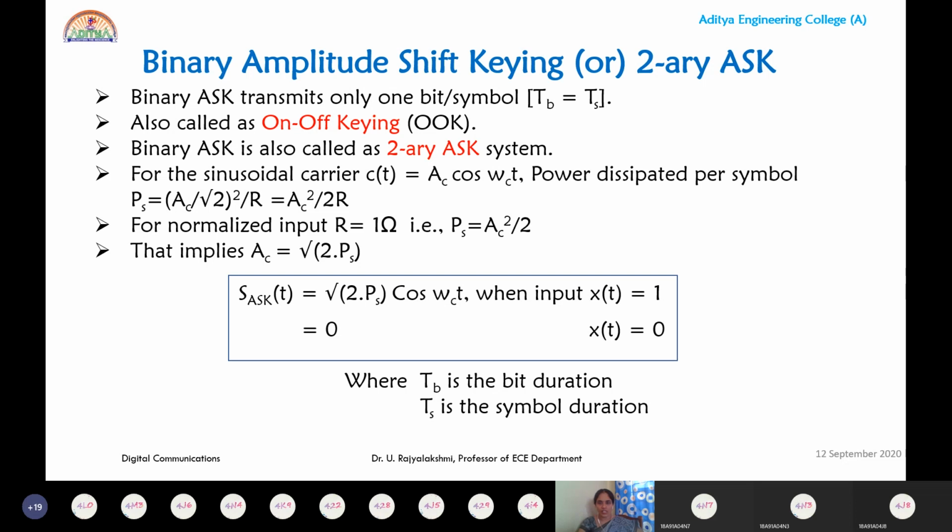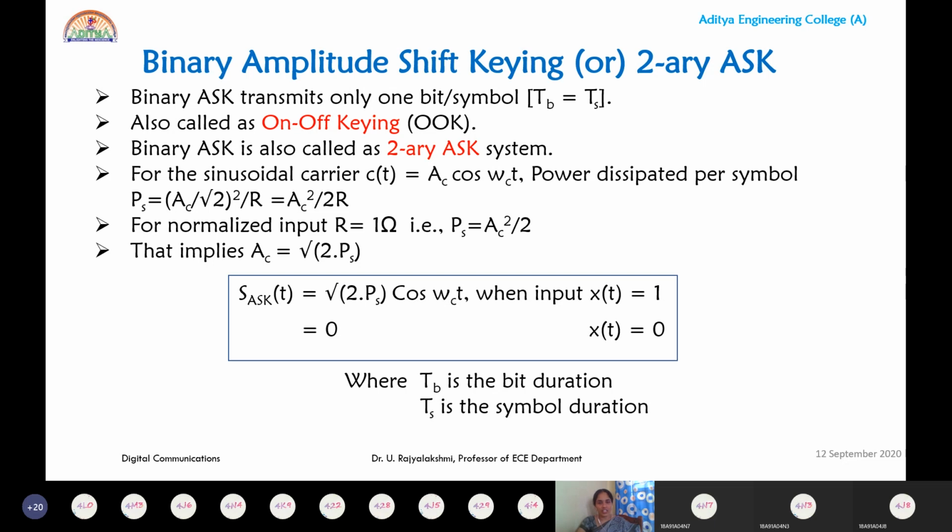So we can replace the maximum amplitude of the carrier as root 2 Ps. That's why in the general expression for ASK, we replaced the amplitude of the carrier with root 2 Ps.